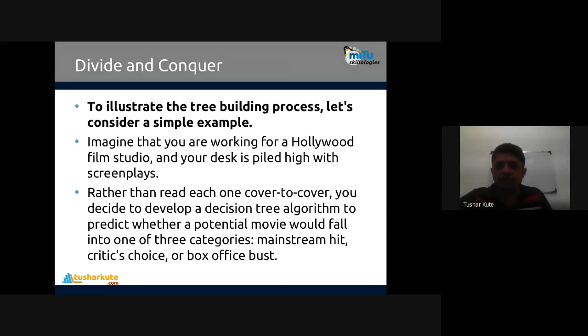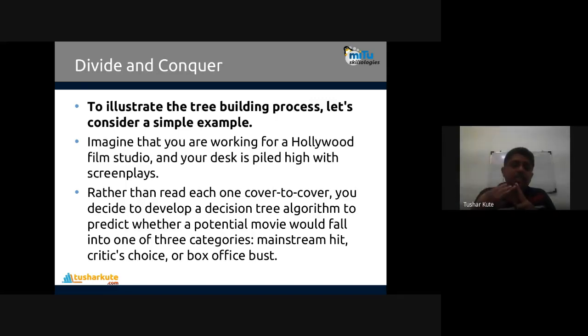Mainstream hit means just a hit movie, whatever budget you're having, that budget was recovered. Critics choice is a good movie but commercially not successful. And box office bust is what we say a mega movie, where you earned a lot more than the amount you spent. That's the box office bust.